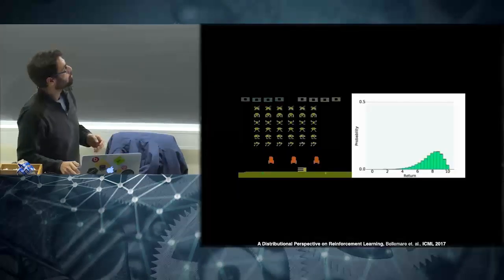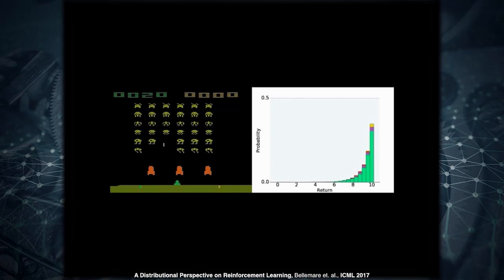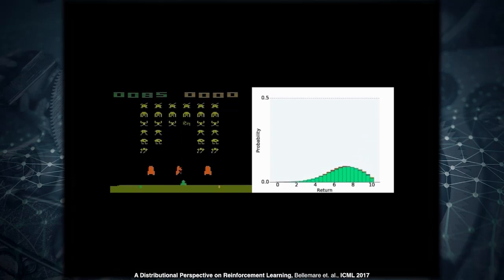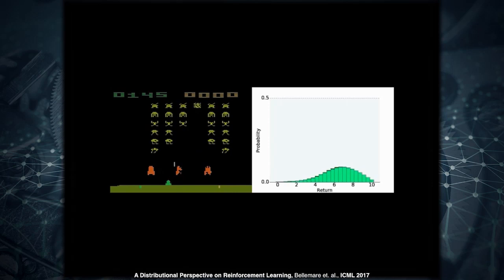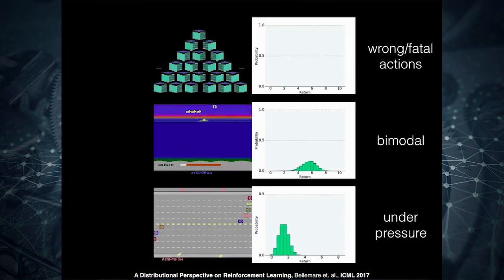This is just a demo of how these distributions look. For each action, there's a different color. It can model a wide variety of distributions here. Yeah, so that's that. Some more nice videos from DeepMind.